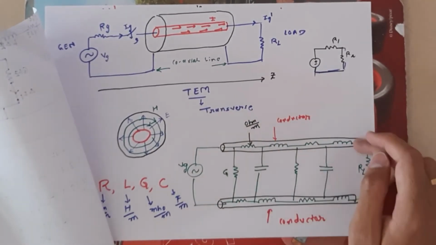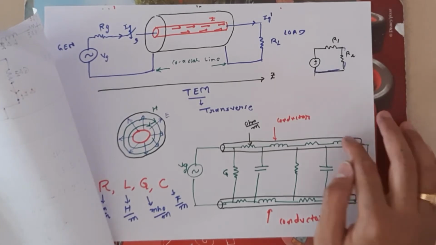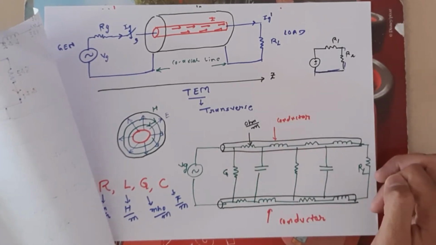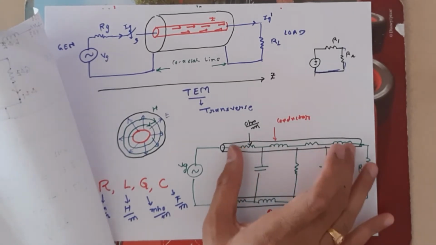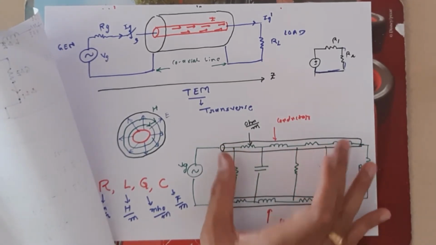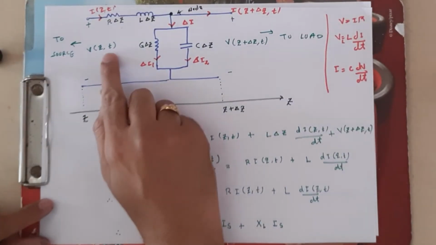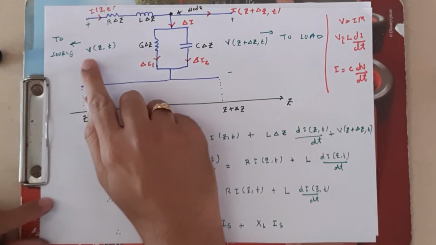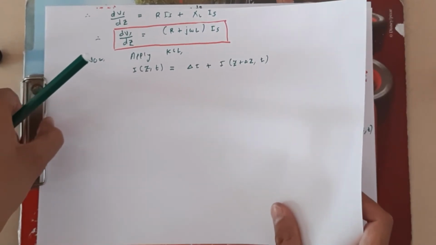That means the voltage is dropped or dissipated. The voltage is dropped due to this distributed parameter. So we can say the voltage is a function of the length of the transmission line, and it is also a function of time. That is why I have to write v of z,t. So don't be confused about why I have to write v of z,t always.